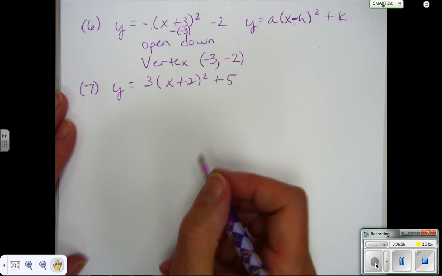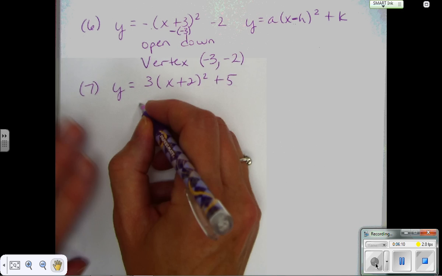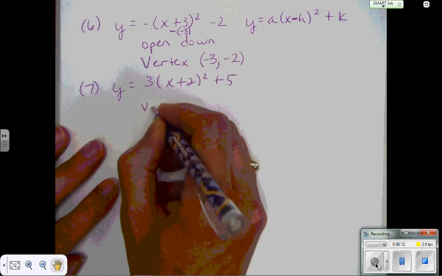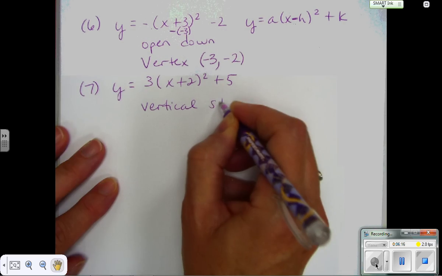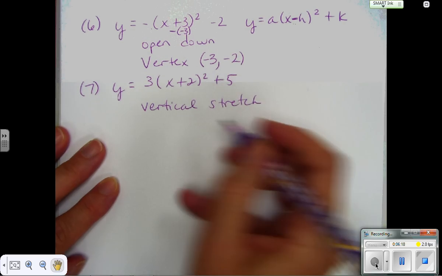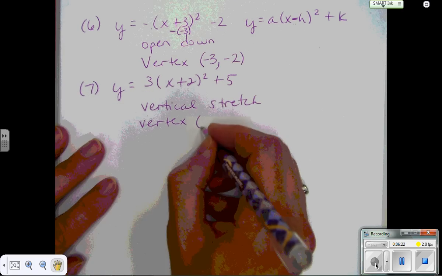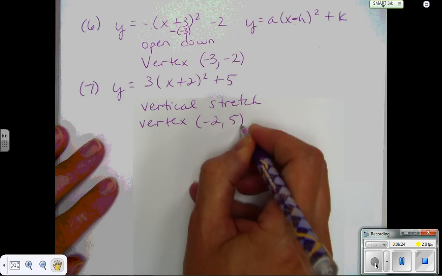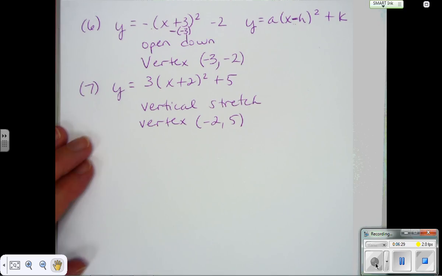It's going to make it go up faster. So it's going to have a vertical stretch, or it's going to make it skinnier. I would say vertical stretch. And then your vertex is going to be shifted to (-2, 5). And that's all that you're going to have on number 7.